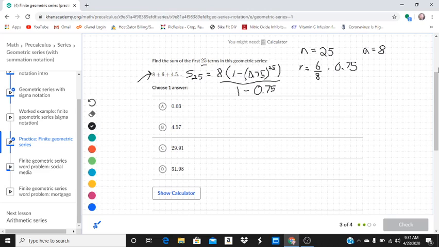I'm going to take my calculator and figure out what that is. I get 31.975. The 5 is after the 7, so I'm going to round that 7 up to an 8, and I get 31.98 as my solution.